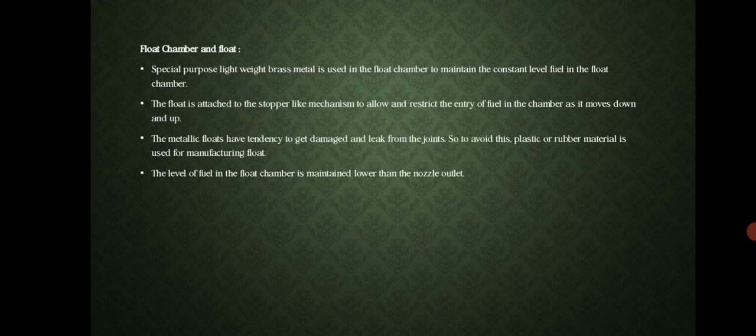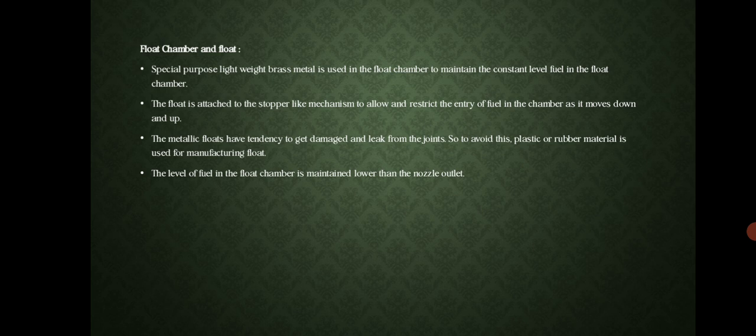First, let's see the float chamber and float. Special purpose lightweight brass metal is used in the float chamber to maintain a constant level of fuel in the float chamber. The float is attached to a stopper-like mechanism to allow and restrict the entry of fuel in the chamber as it moves down and up.